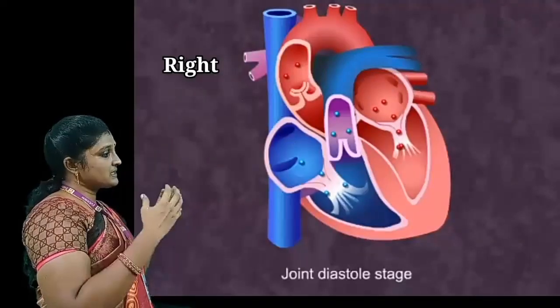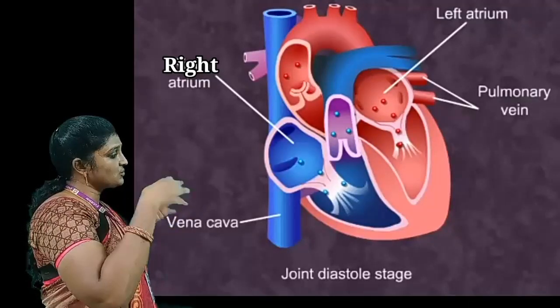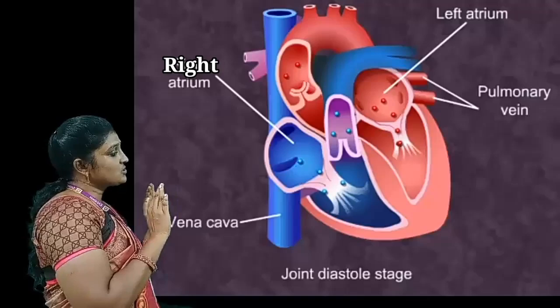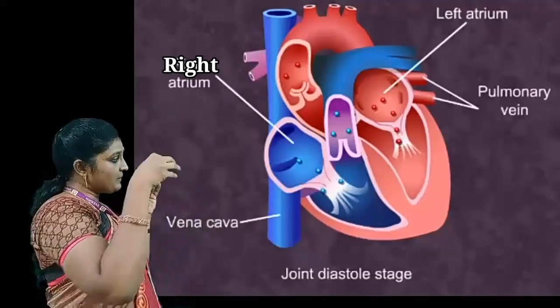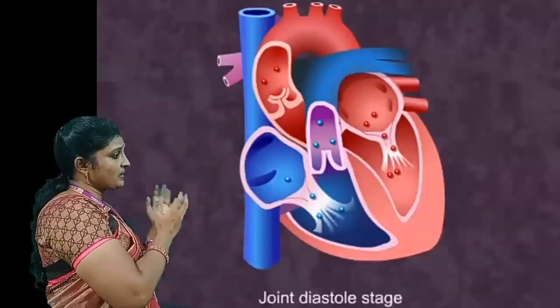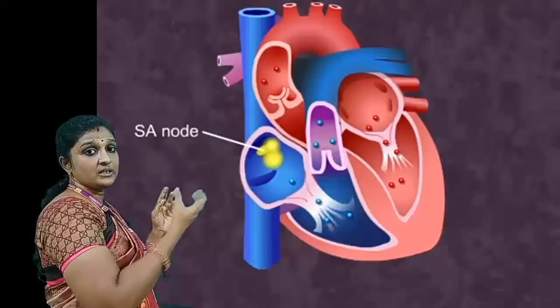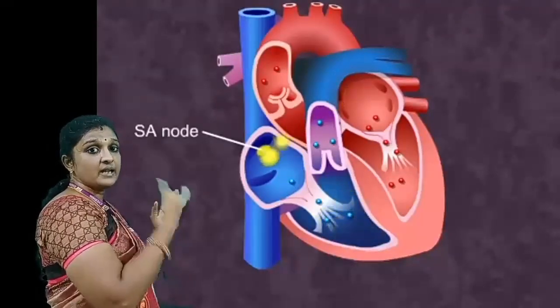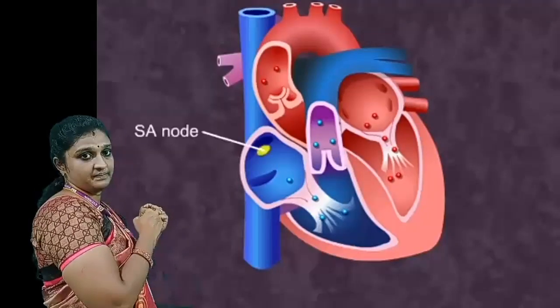So through these vessels, the oxygenated and deoxygenated blood is emptied into the auricles during the joint diastole, during the relaxation phase. When the blood enters the auricle, immediately in the right auricle the SAN nodal tissue starts getting excited, and it starts triggering the auricles to contract.